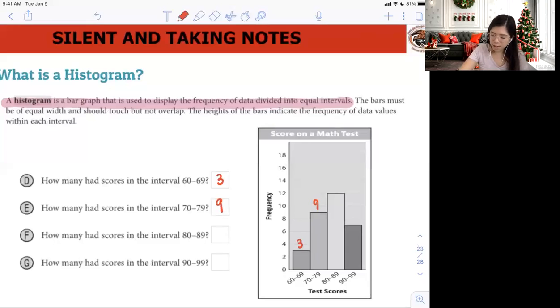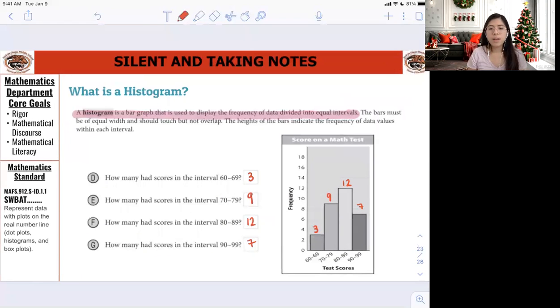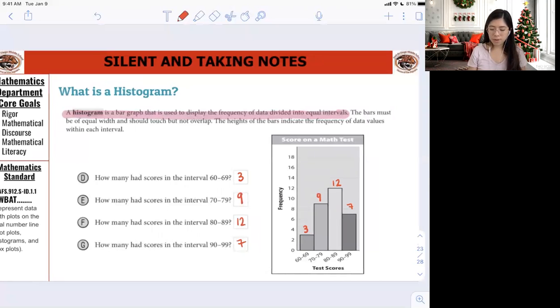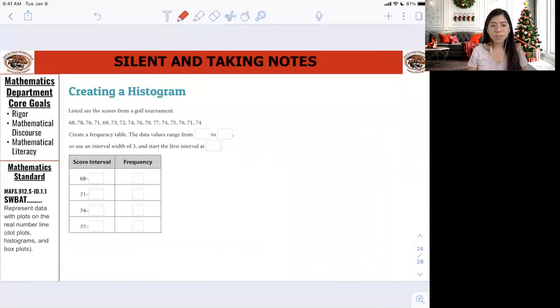What about 80 to 89? 12. And the last one? 7. Exactly. So that's the basic histogram. And just like dot plots, with histograms you can see the shape of it and whether or not it's normal or skewed.